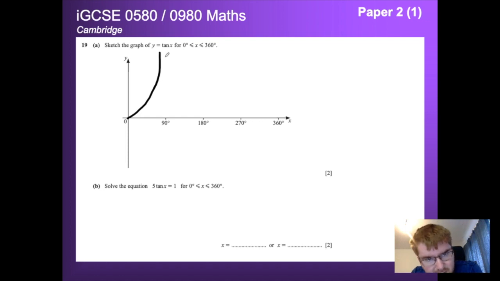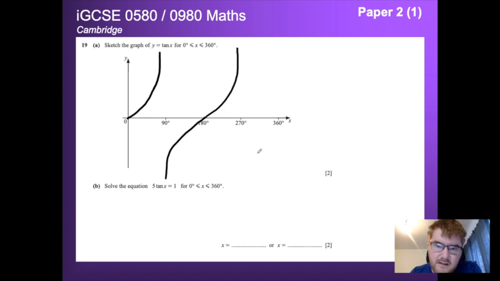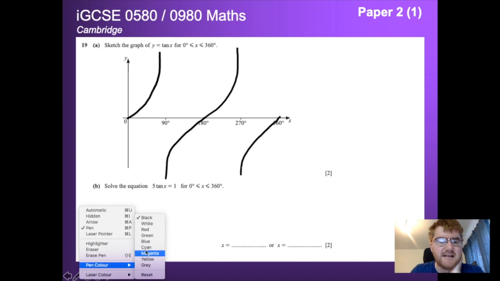Now you don't want to curve back on yourself, so I'm going to try and do this as best I can. Then we're going to come back from minus infinity here, and then go to 180, so this joins up at 0, and then we're going to repeat the same graph. Notice this graph repeats every 180 degrees, which is going to be useful a bit later on. I would also, in the exam, mark in the asymptote.